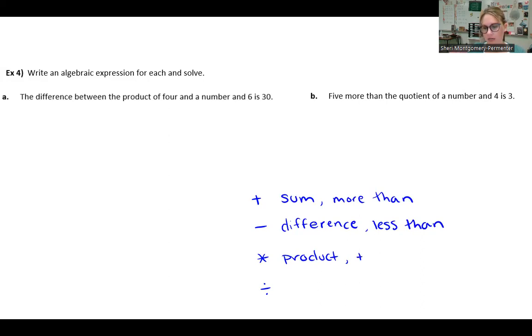So when you see times, what is the word that goes with division? Quotient. So these are all words that we need to remember that can help indicate what type of operation we're going to do. As we write them down, these might feel really confusing. The more that you do, the better you'll get.